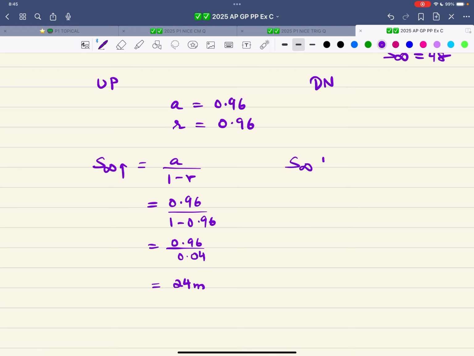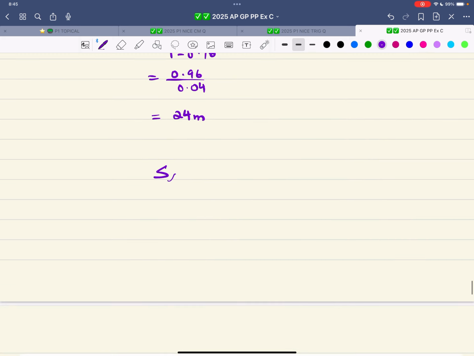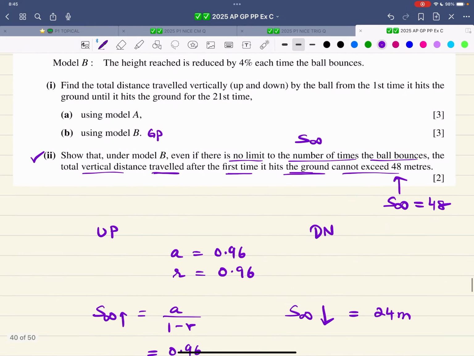Similarly, sum to infinity down is also the same thing, which is 24 meters. So sum to infinity up and down combined, that is 24 plus 24, that comes out to be 48 meters. Of course, you cannot exceed the sum to infinity. Therefore, the answer of sum to infinity is 48 meters.